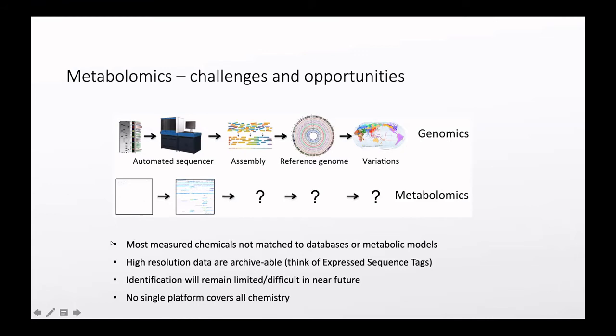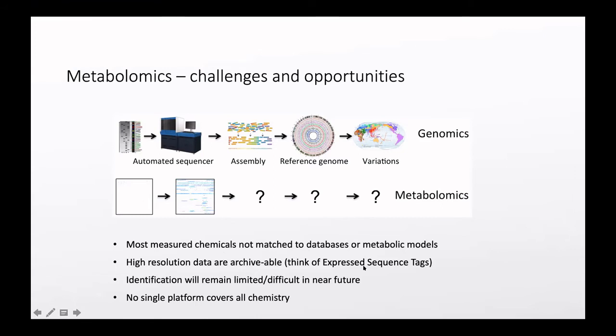The majority of the chemicals, the metabolites we measure in the data, are not really matched to current databases or the genome-scale metabolic models. John-san mentioned that some of the tools for systems immunology are a black box, so we call this the dark matter of metabolomics. But the high resolution data actually are good enough.